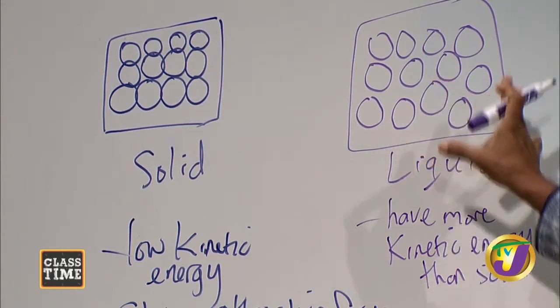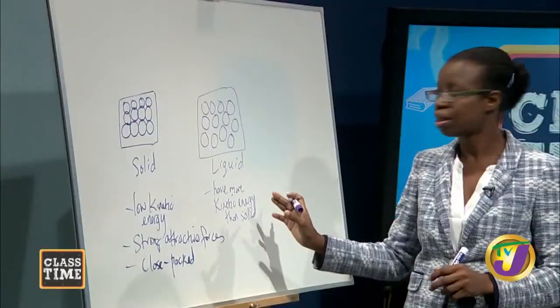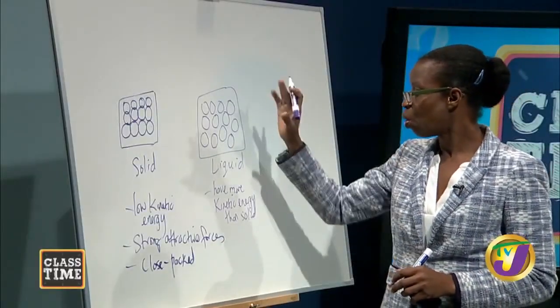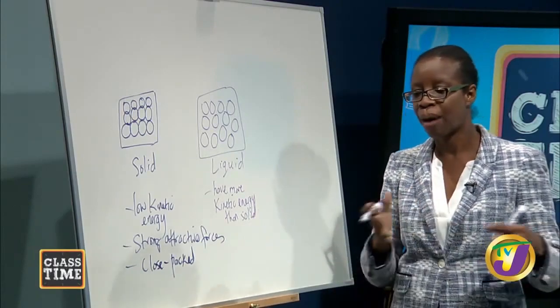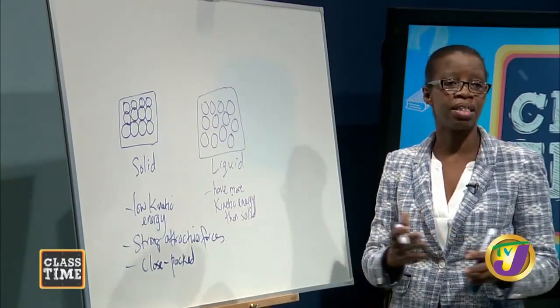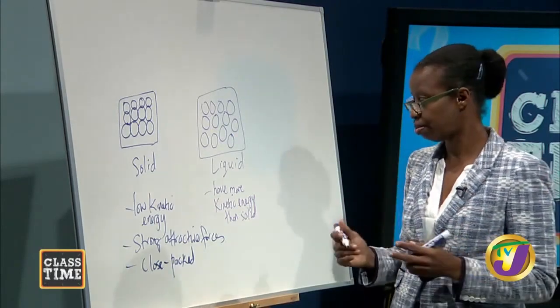And the particles are not as close packed, and so the forces of attraction in this particular case are balanced with the kinetic energy. So what you'll find is that in liquids, the particles can slide past each other, or we say that liquids flow, right?